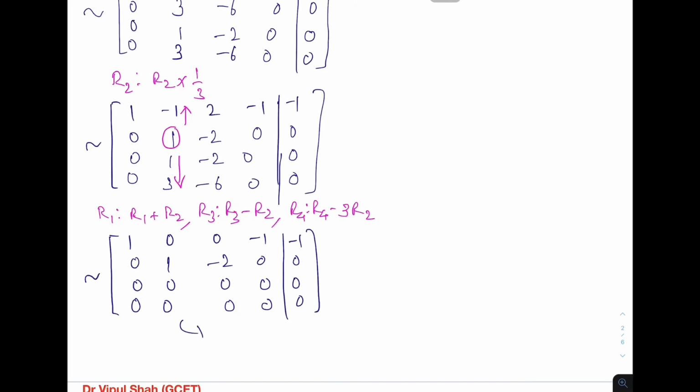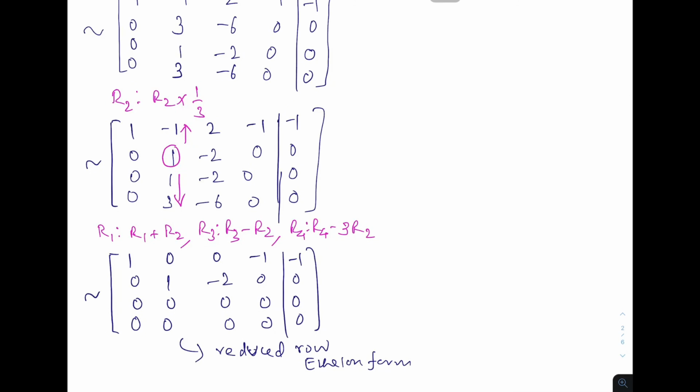Okay, so now this is in reduced row echelon form. So this is in reduced row echelon form, and so here we can see that the leading ones are here and here.